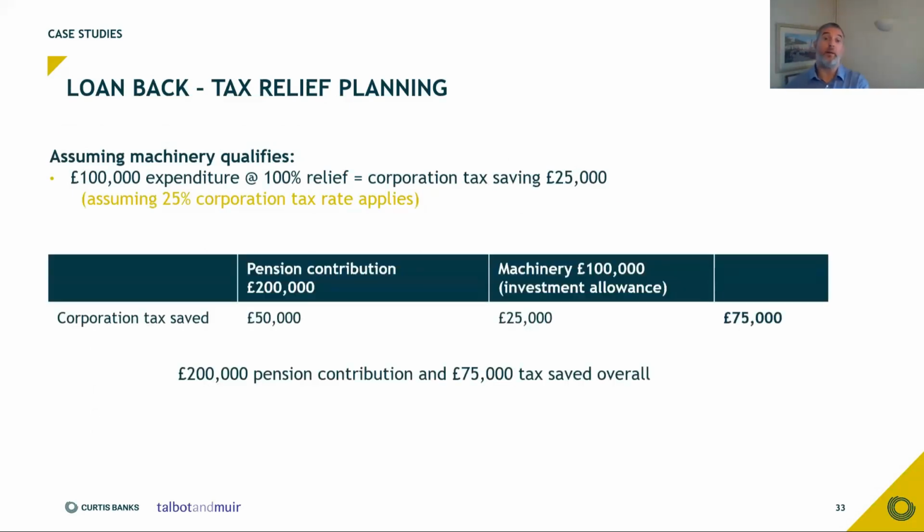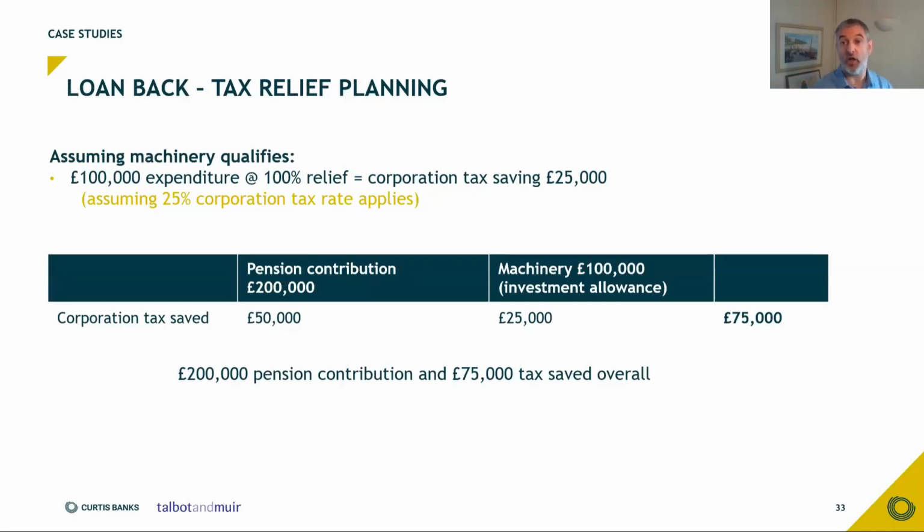But by going down the £200,000 contribution into the SSAS, meeting the wholly and exclusively requirements, 25% tax relief, £50,000, the money's then lent back to the business, £100,000 invested. That qualifies under the annual investment or the full expensing allowance.